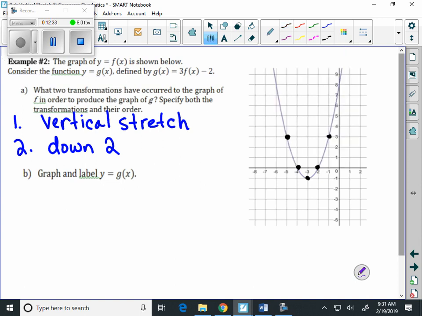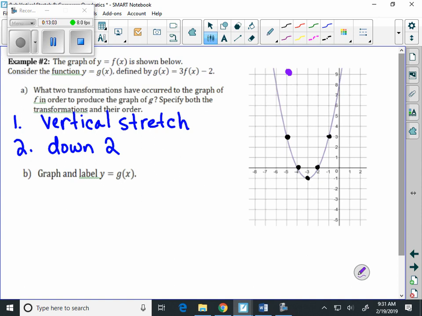So the vertical stretch, once again, like we did on the front page, is we're changing the y value. If we look at the points on the left, our first point is -5, 3. We're going to multiply the y value of that point, 3, by 3. So 3 times 3 is 9. Our second point on the graph is -4, 0.